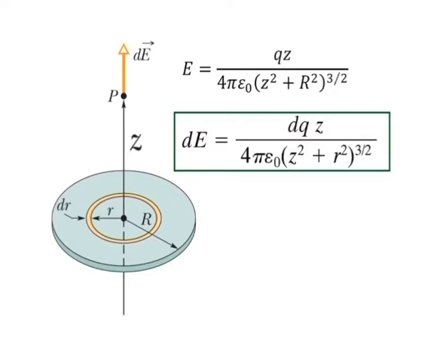Then its surface area dA is the product of its circumference and thickness.